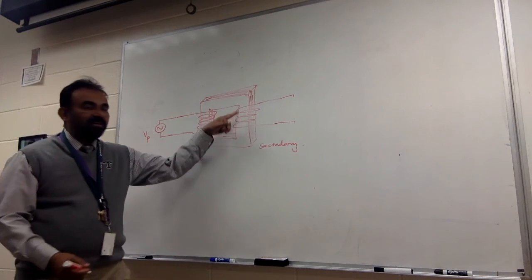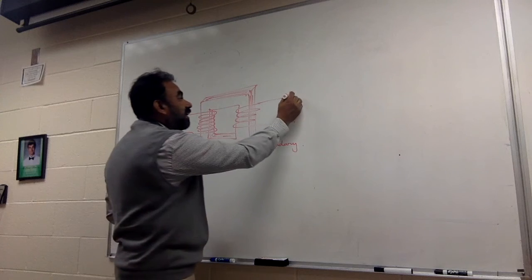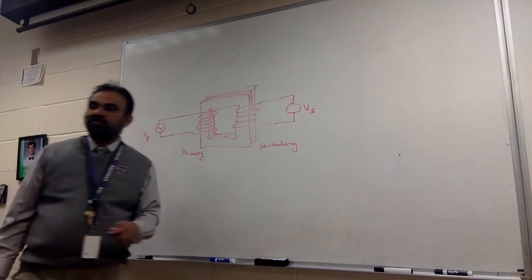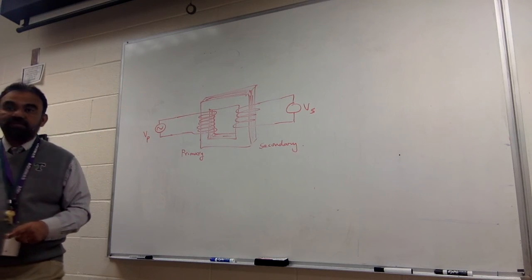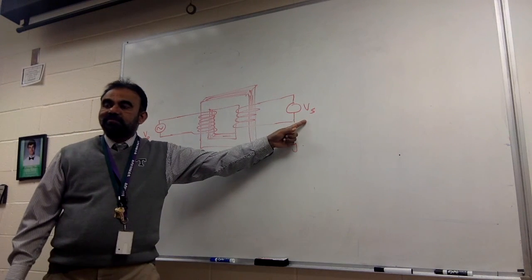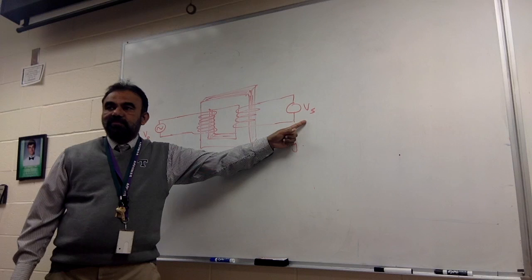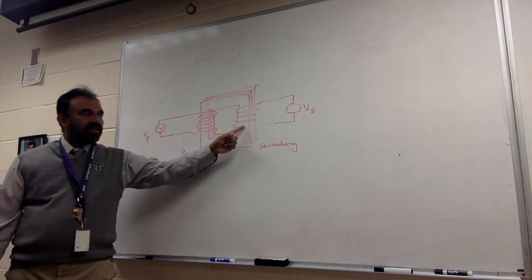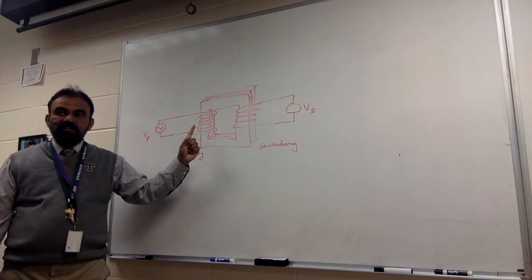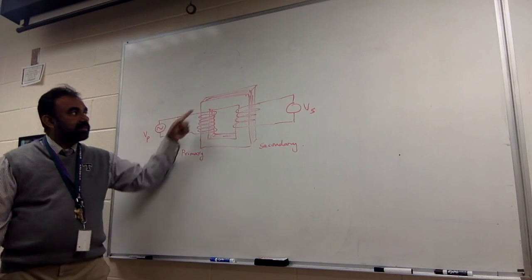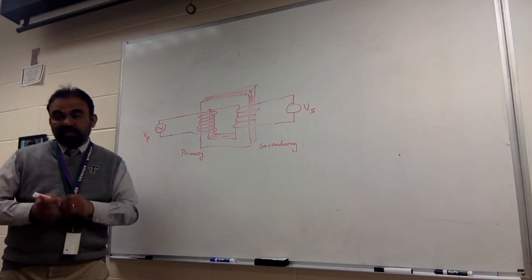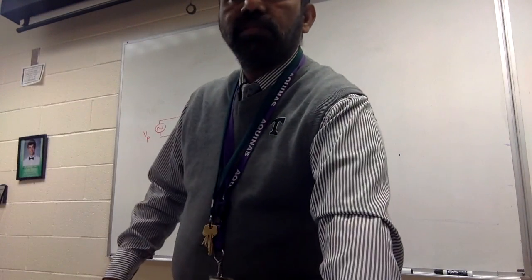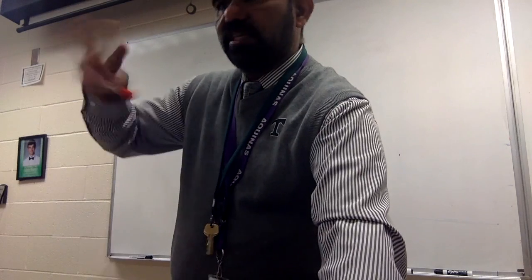When you have a change of flux in this, we will get a secondary voltage here. Yes, we will get a voltage there. And this is the back EMF. Where is this EMF generated from? From this side. Is there an electrical contact? There's no electrical contact. It's only magnetic. And this thing is what is known as a transformer. I will discuss this in detail in the next class. What direction does the current go? Alternating. So it keeps flipping.